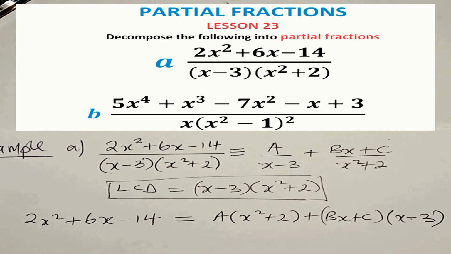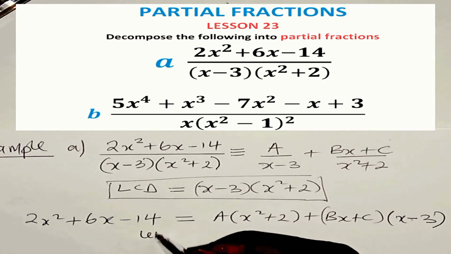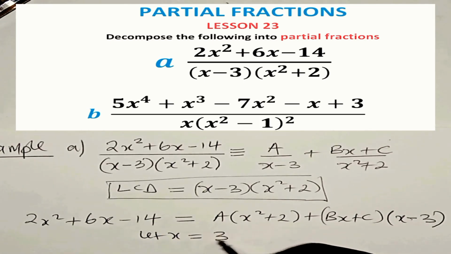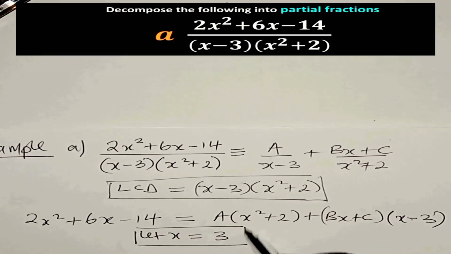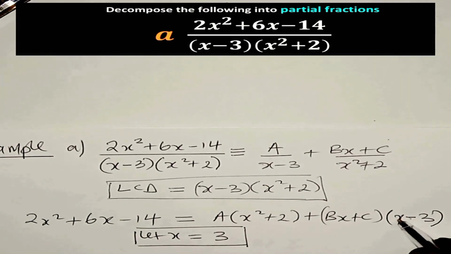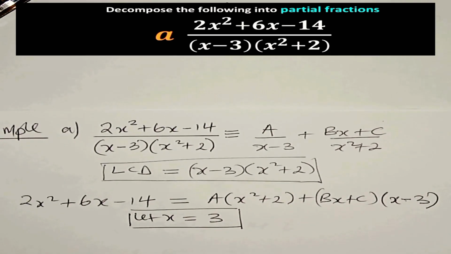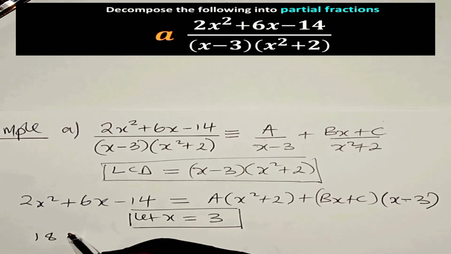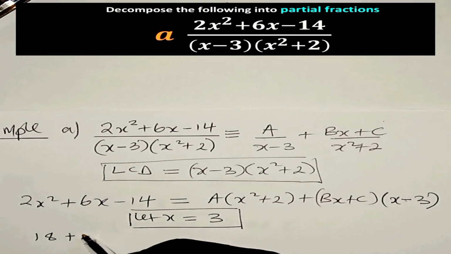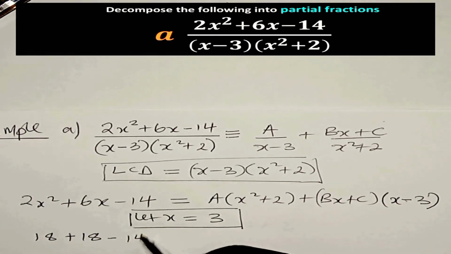All right. Now we need to solve for A. To solve for A, we must eliminate the term with B and C. So we are using the cover-up method. We let x equal 3, because if you let x equal 3, we get a 0 for this term, so that we solve for A. Now let's substitute x equals 3 into that equation. On the left-hand side, you have 2 multiplied by 3 squared. That gives us 18. So we have 18 plus 6 times 3, that is 18, minus 14.